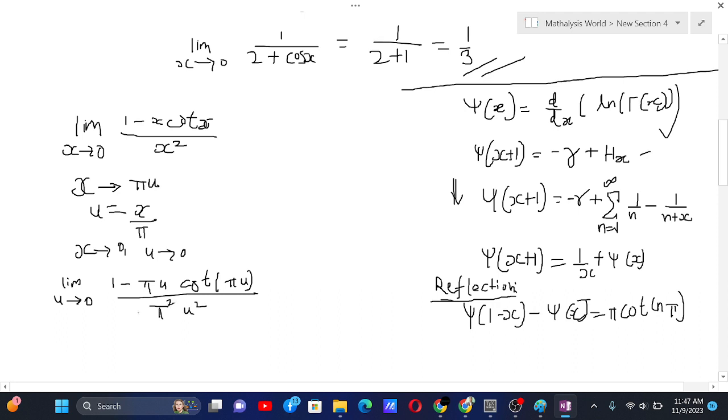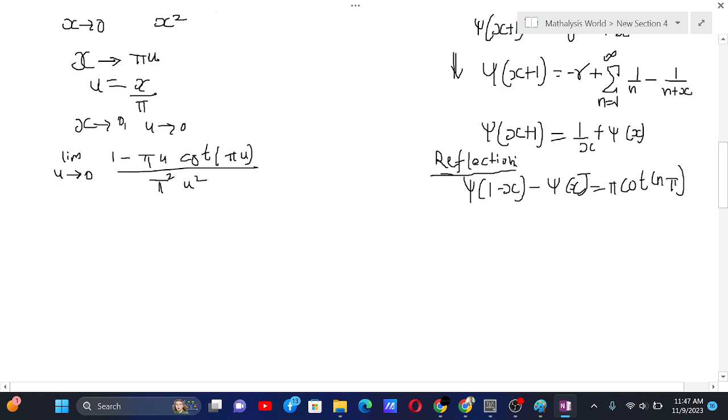Now we can take pi squared out, and we also want to cancel this u, since we want to bring it to the form pi times cot pi u. So we divide by u as well. So we get 1 by pi squared times the limit as u tends to 0 of (1 by u minus pi cot pi u by u).